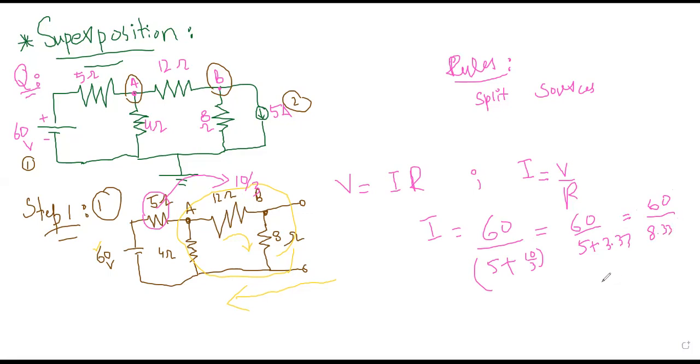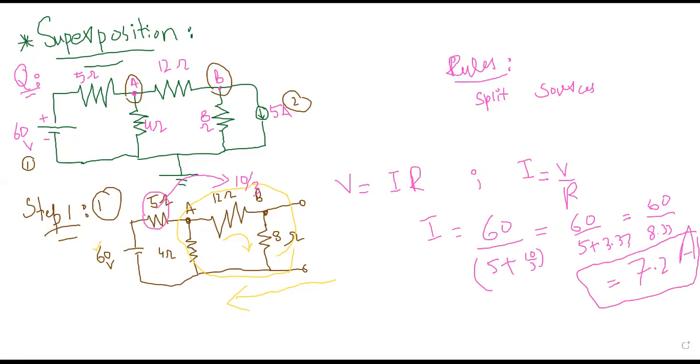So the value of I that I calculated is approximately equal to 7.2 ampere. That's good. Okay. Approximately equals to this one.